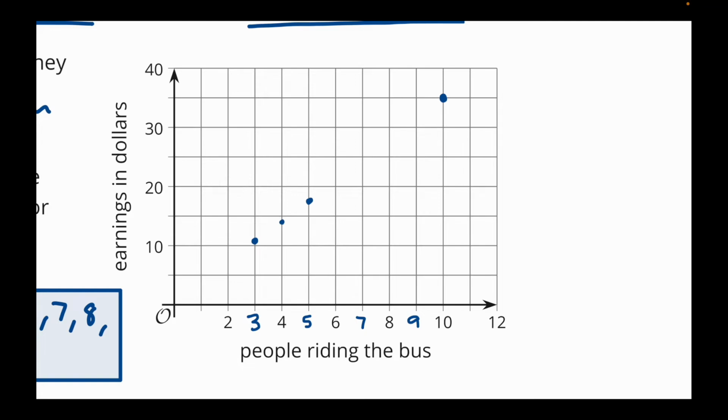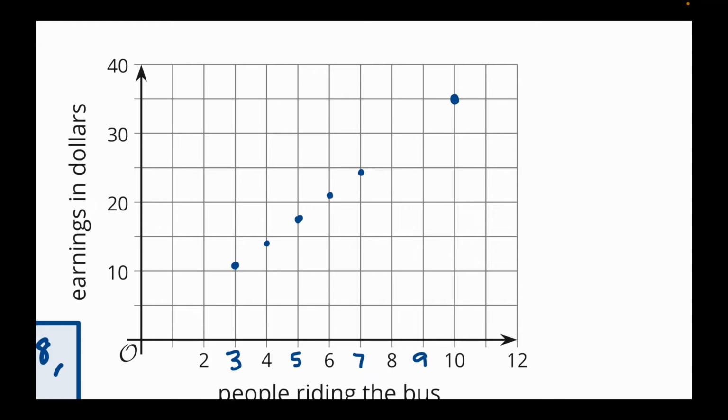So then if we have 6 people being charged 3.50, that'll be 21, right about here. 7 times 3.50 would be 24.50. We're really just adding 3.50 each time, but 24.50 is going to be almost 25, but not quite 25. 8 times 3.50 is going to be 28 on the nose, so right about here, I suppose.